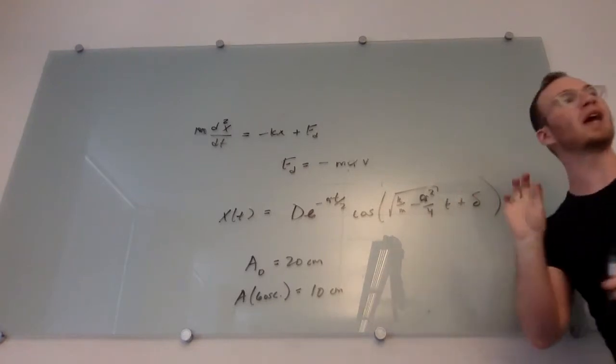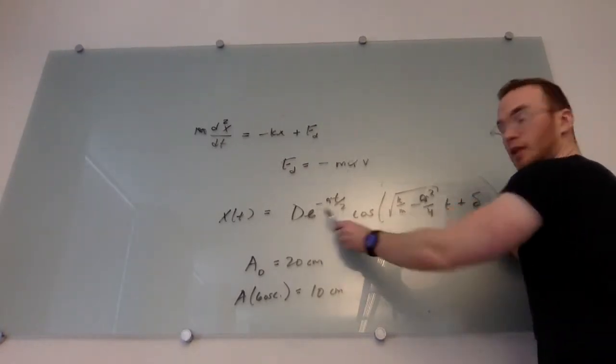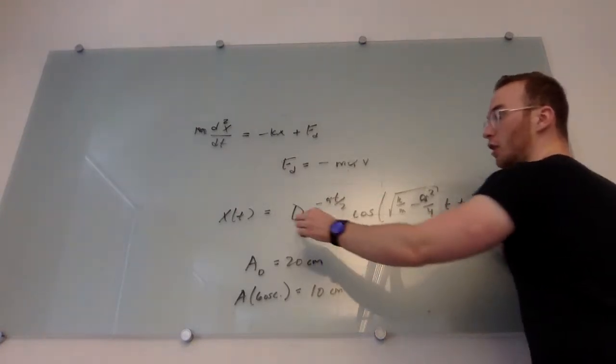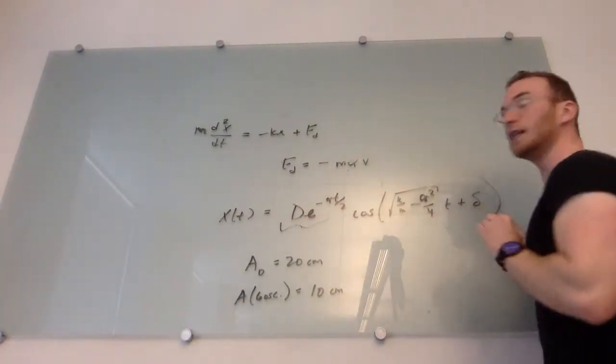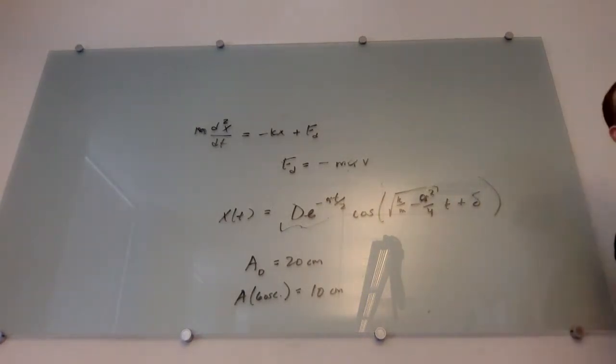The amplitude is for a wave, right? The wave is this part. This whole thing isn't the wave. It's just this part right here. So this quantity, d e to the minus alpha t over 2, is the amplitude of the wave.